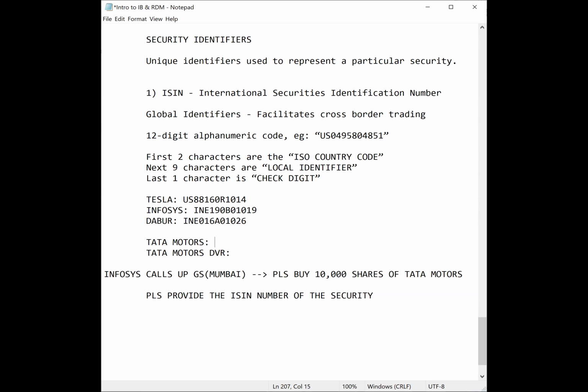So ISIN number of Tata Motors is INE 155A 01022.